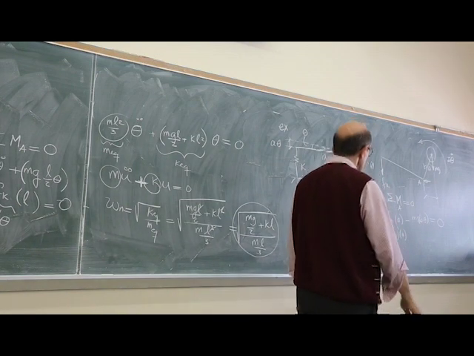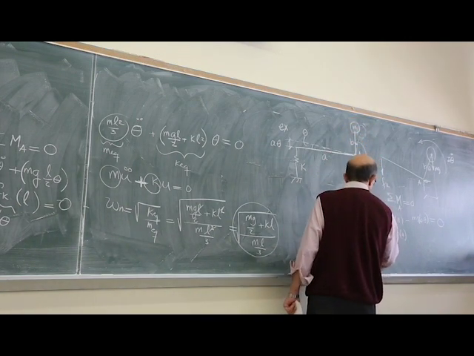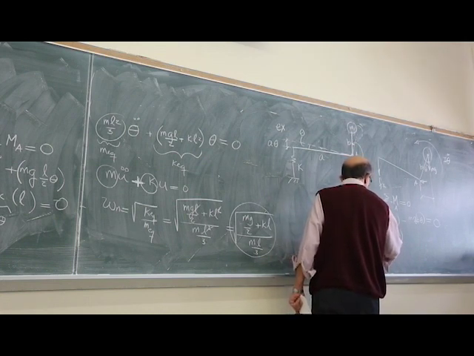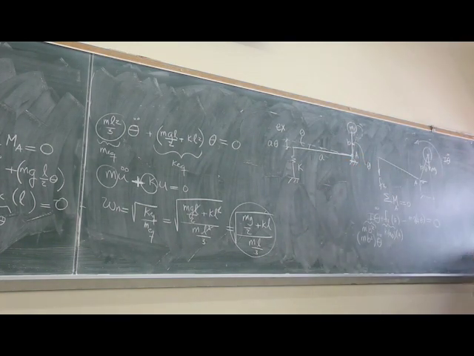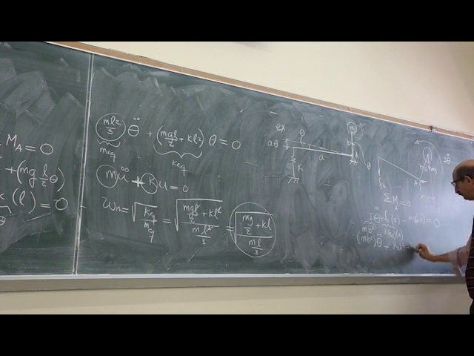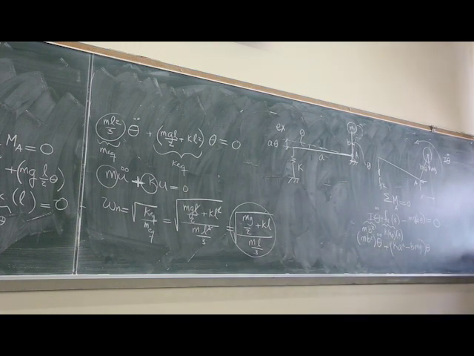So let's simplify this. You have m b squared theta double dot. Let's factor out theta. You will have plus k a squared minus b m g, times theta. So this is the equation of motion.